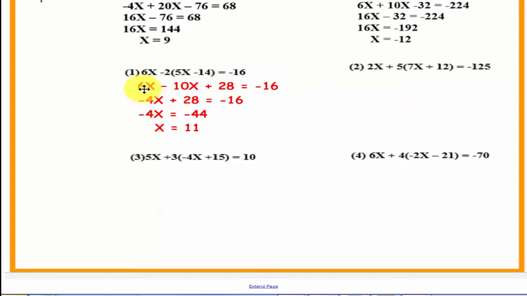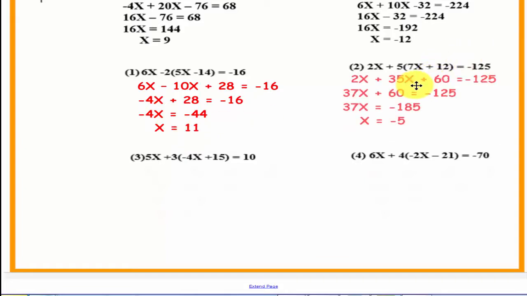Then we have 6x and negative 10x, a positive and a negative, you're going to end up with negative 4x plus 28 equals negative 16. On this side, we're going to have to subtract 28 from one side and subtract 28 from the other side. So that makes it negative 44. So negative 4x equals negative 44. 4 goes into 44 11 times.